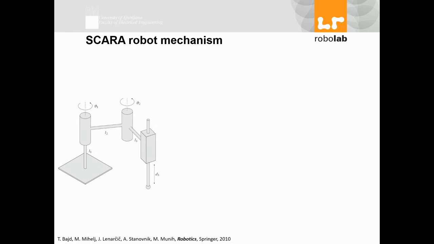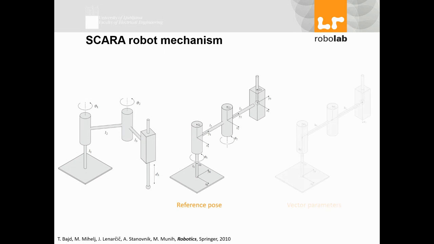Again, if instead of that robot, I have this robot, I can follow the same steps. First step, reference pose, and look at the dimensions and sizes you have. Second step, centers of the joints. Third step, coordination.